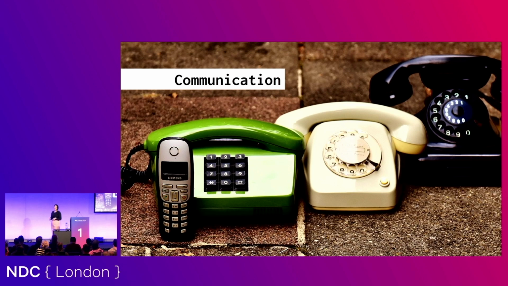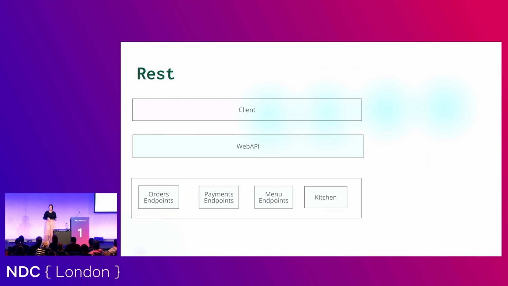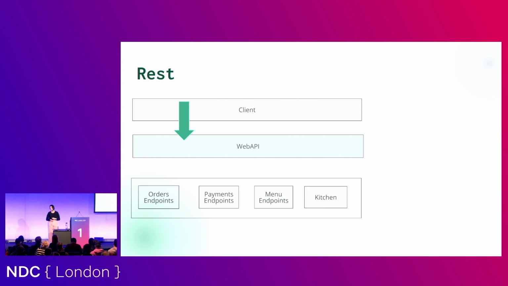So that leads us to how are these all going to communicate? Well, external communication can still come through more or less as you would on a regular application. So the web client is going to talk to the web API via REST, and the web API will route that request through to the relevant endpoints in the module, and that logic will run from there.